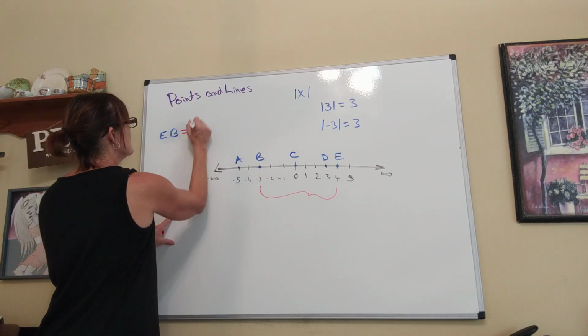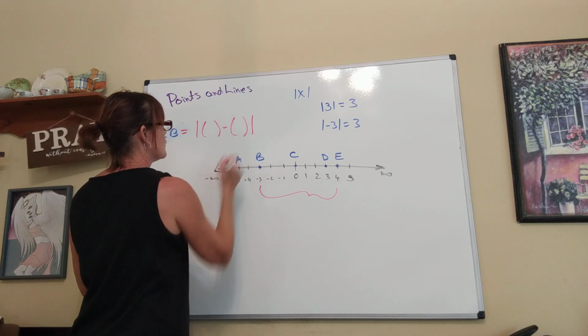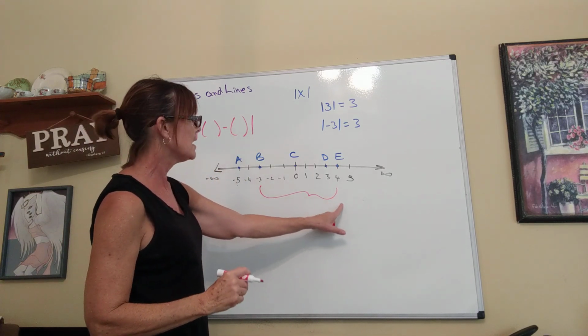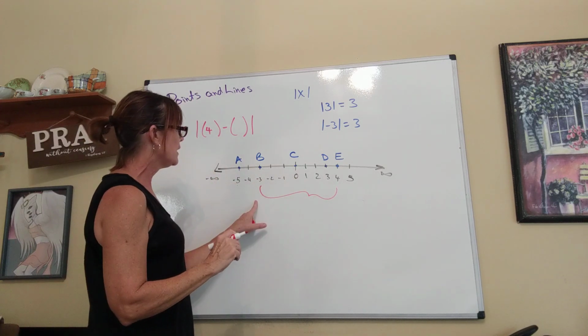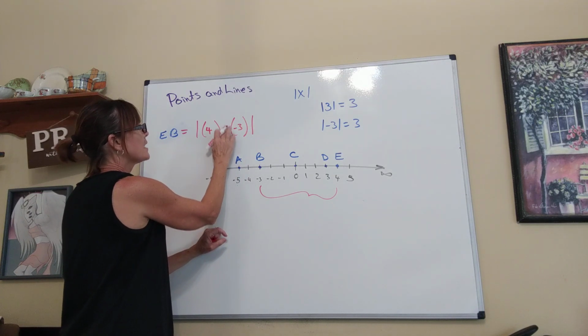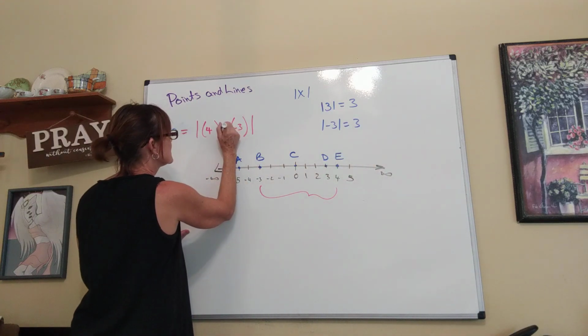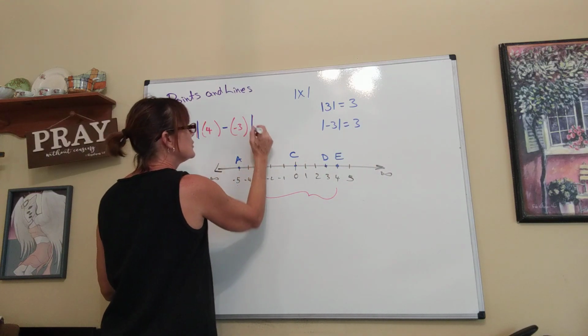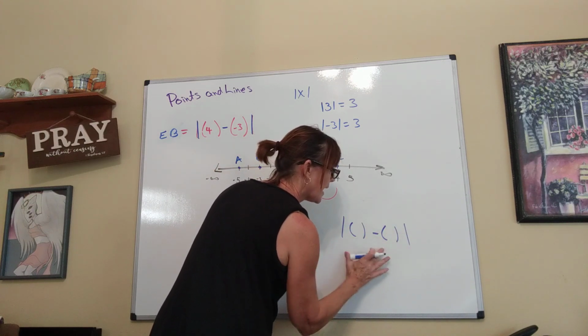So remember, it's going to be the absolute value of the first point minus the second point. So if I start at E, I'm going to put in 4. And then if I put in B, that's at -3. I put -3 right there. And this minus sign, remember, belongs to the formula of how you calculate the distance. The distance between 2 points is the first point minus the second point in absolute values.